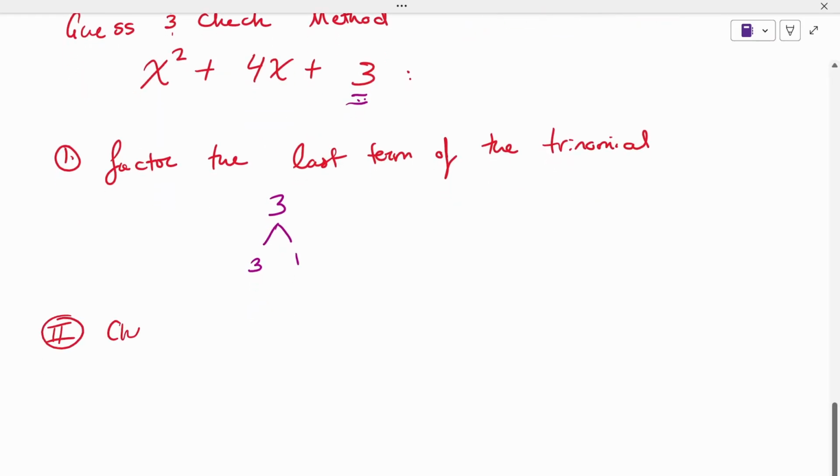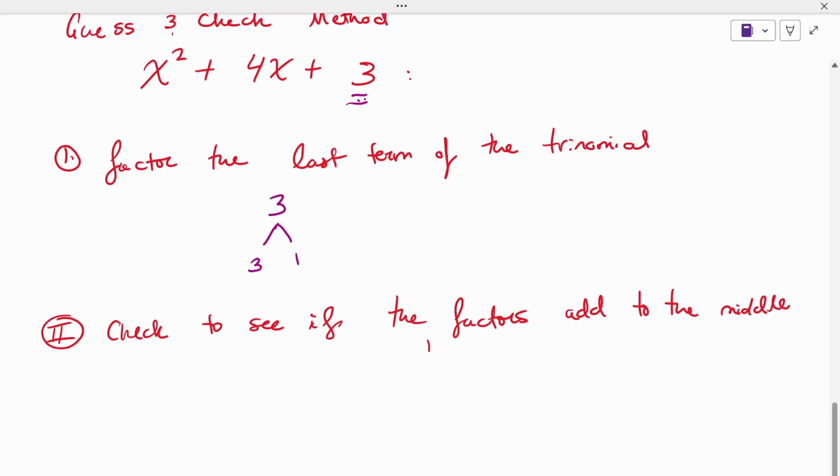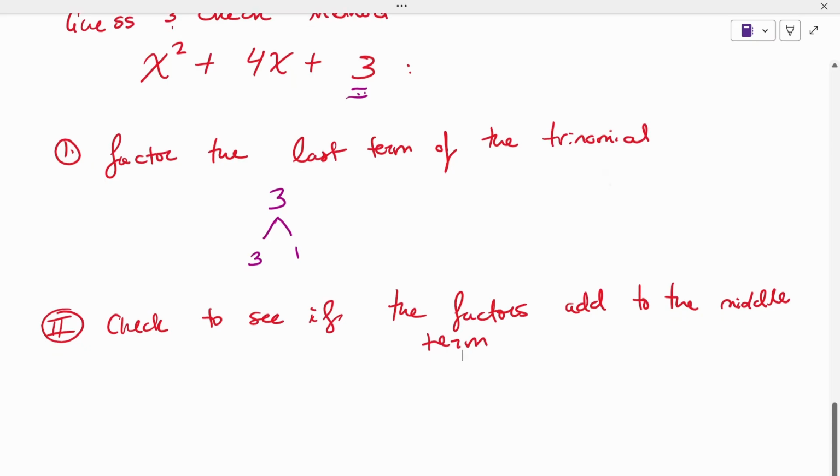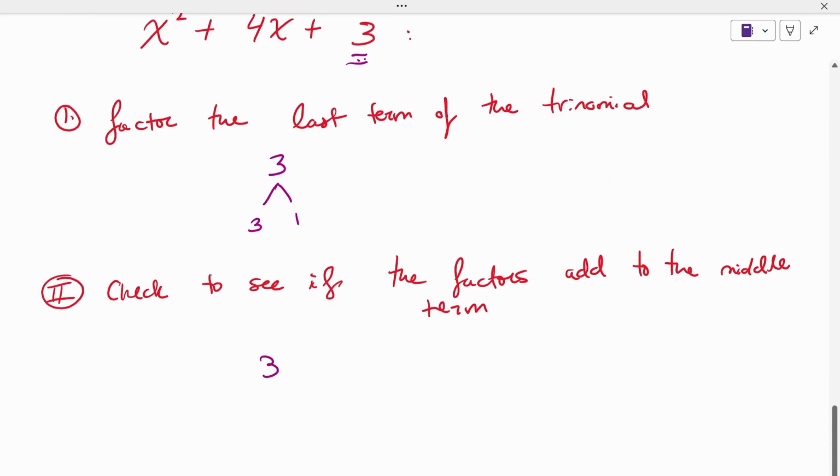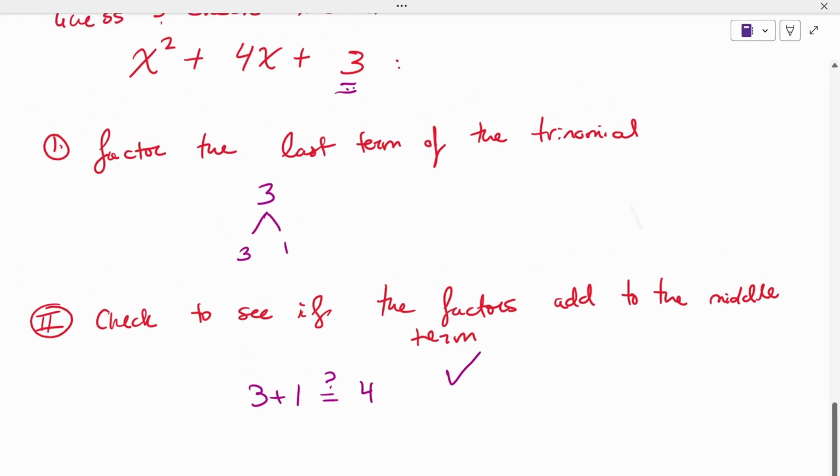All we have to do then is check to see if the factors add to the middle term. That's it. So you found the factors of 3 are 3 and 1. So then you just take 3 and 1 and you guess. Is it the case that 3 plus 1 gives you 4? Obviously, that's true.